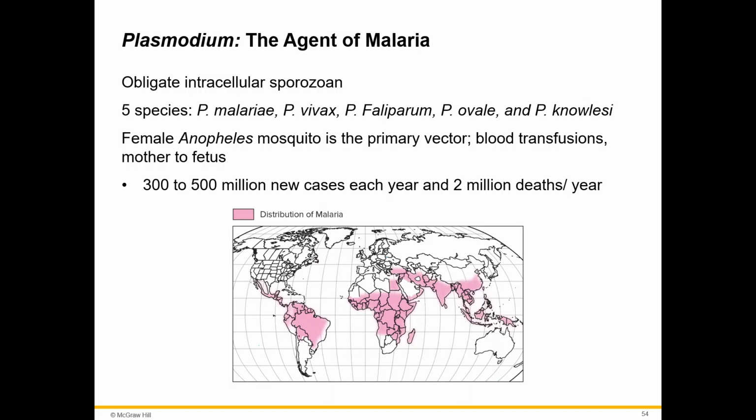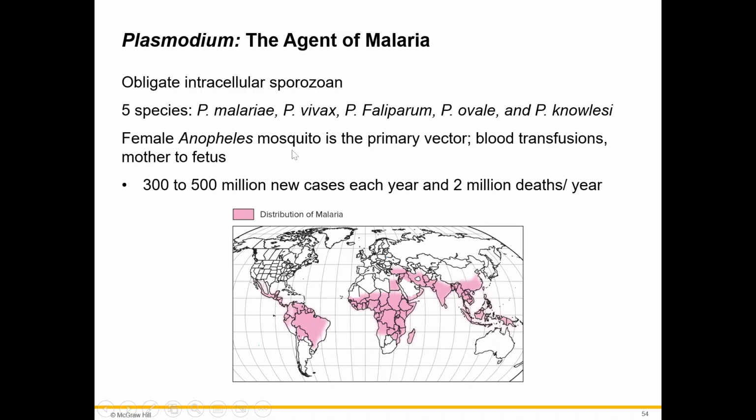So we've got 5 species. We've got Plasmodium malariae, Plasmodium vivax, Plasmodium falciparum. Look at that. Why did they capitalize that? That should be lowercase. And then we've got Plasmodium ovale, and then Plasmodium knowlesi. Okay. And so these are transmitted by the species Anopheles. Okay.